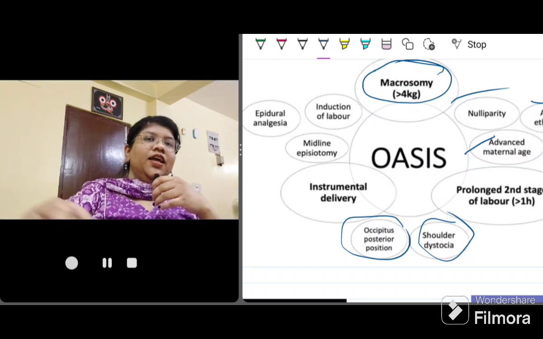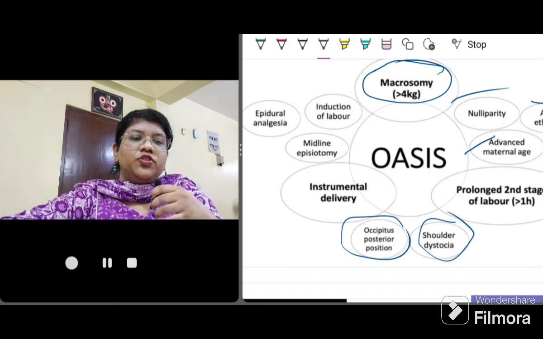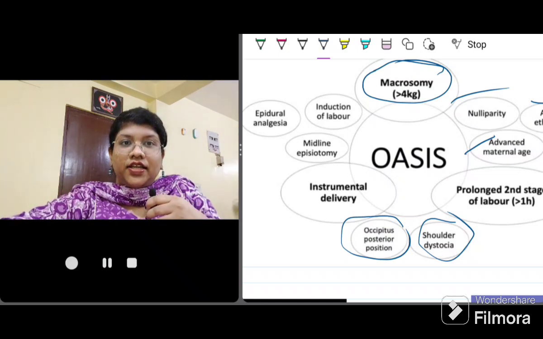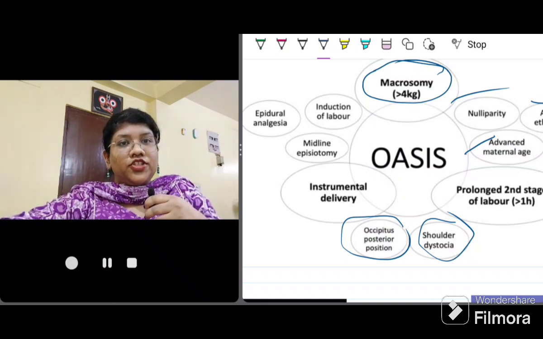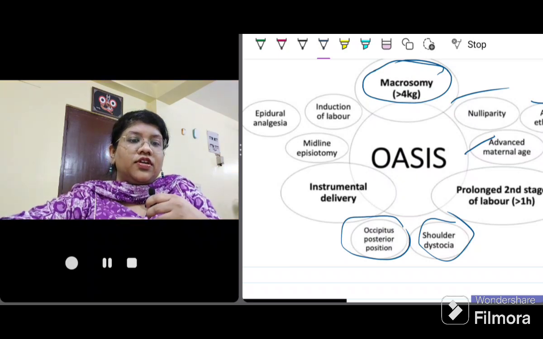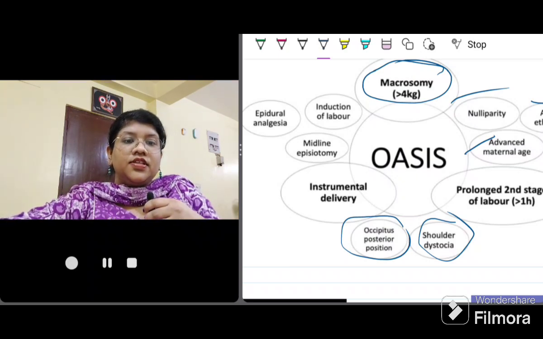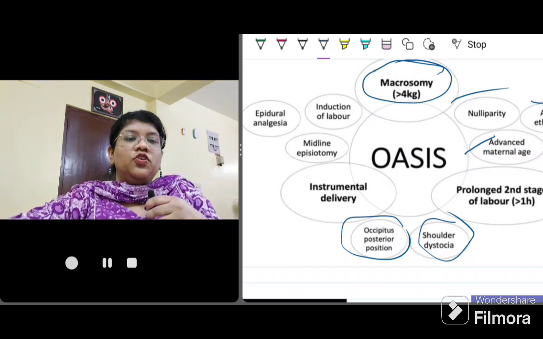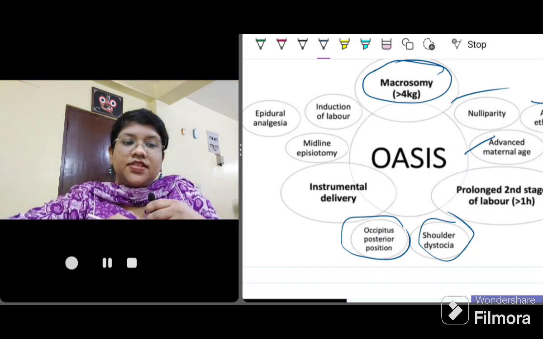Next, per speculum, you should look for the condition of the vagina and cervix. Also, you can do a vaginal examination to look for the cervix and the uterus. Digital rectal examination is the most important thing, where you will see that there will be no gripping sensation because the sphincter is not toned.